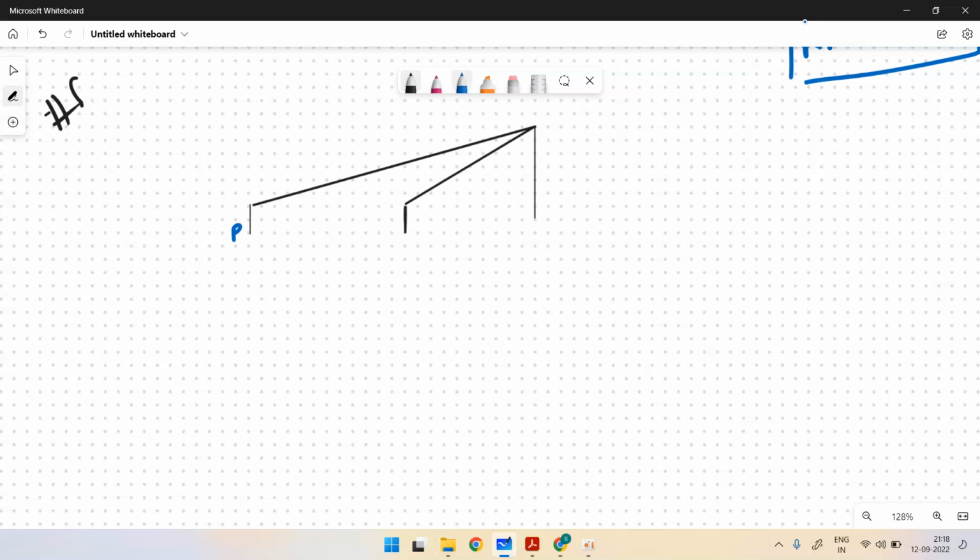If you see this diagram correctly, this is my ground level. This is my ground level.